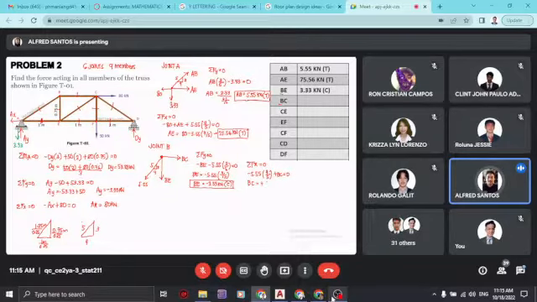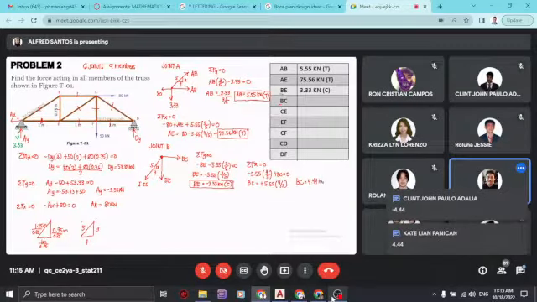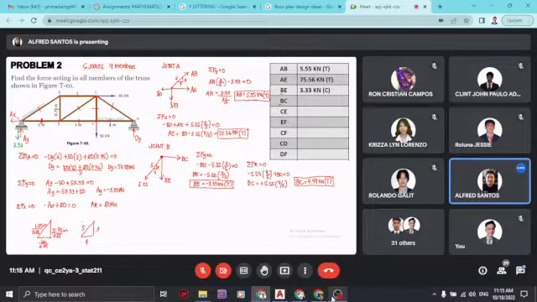Positive na, no? Lipat natin sa kabila, times 4 over 5. So your BC is 4.44. Positive, so it is in tension. Okay, so that's 4.44 kilonewton tension.